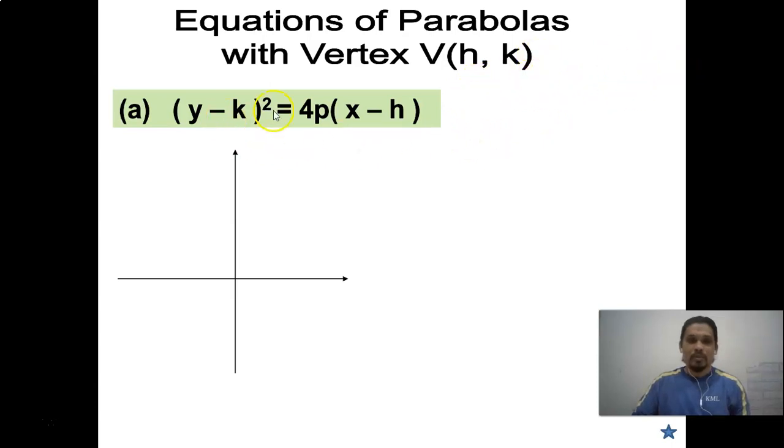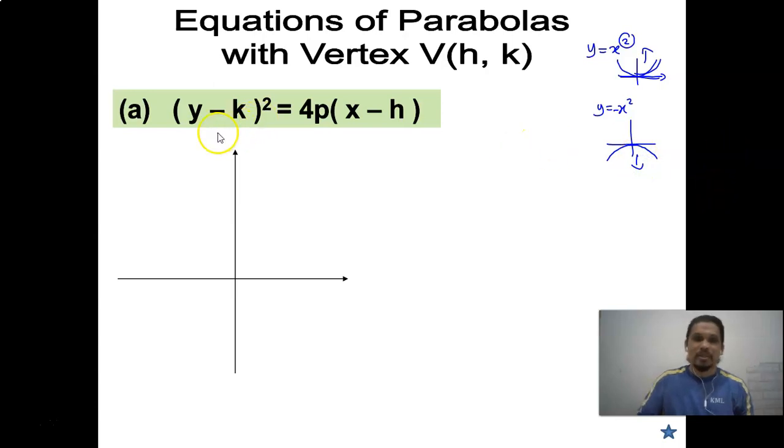So I just use this idea, because most of the time we sketch the graph of y equal to x squared. When it is x to the power of 2, we can simply sketch this curve, which is facing upward. And then for y equal to negative x squared, the graph will be facing downward.